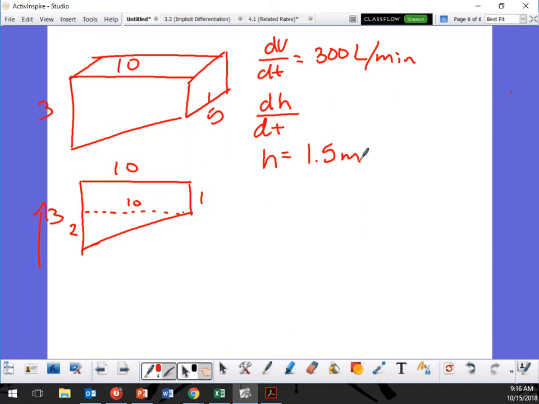Now, going to the 1.5 meters, this is the part that you have to really pay attention to. Am I using the whole trapezoid? No. I'm only using the triangle on the bottom, because this is 2 meters. If I get to 2 meters, then after that it's actually changing.